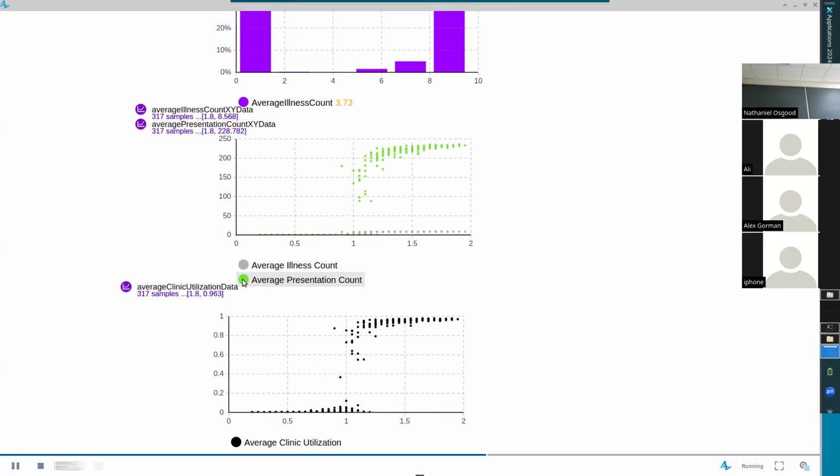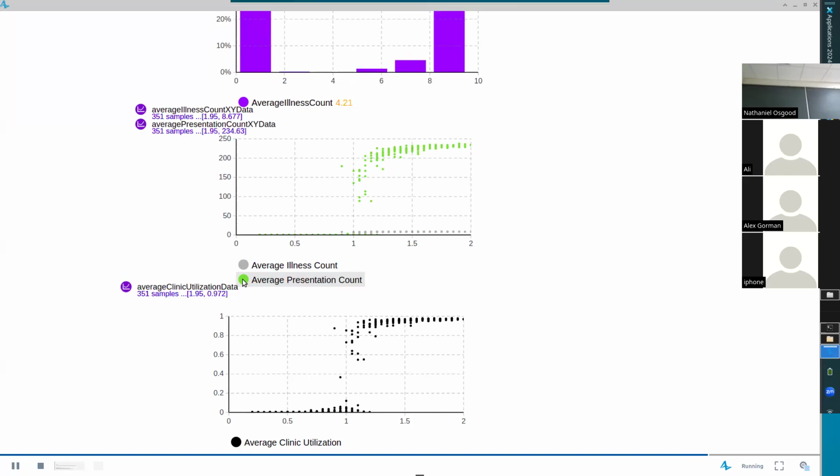Excellent. So what's going on here is speaking to my point earlier, my exhortation, nay, my rants, about thinking about these different types of data not as solitudes, but connected, right? And Amna did a great job connecting. So average presentation count, what we see is that as the contact rate is low, we have few presentations going on, and the utilization is also small.